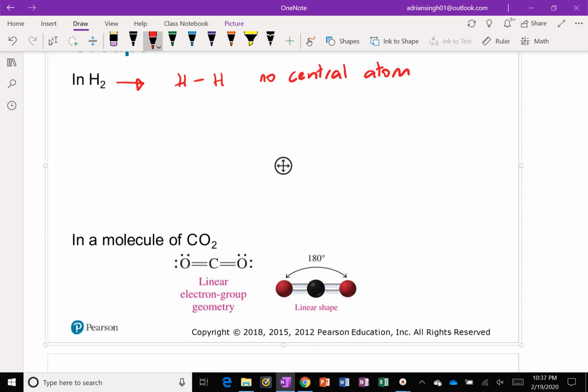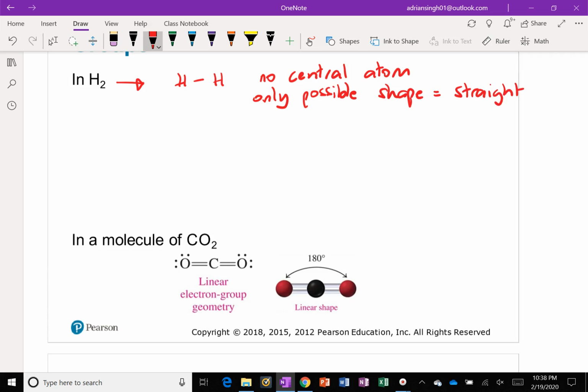So the only possible shape for two things to be connected is going to be a straight line, which we call linear. So when you have only two atoms connected, the only possible shape is linear, whether it's an H and an H connected, or a fluorine and another fluorine in F2, or an HCl, hydrogen chloride.